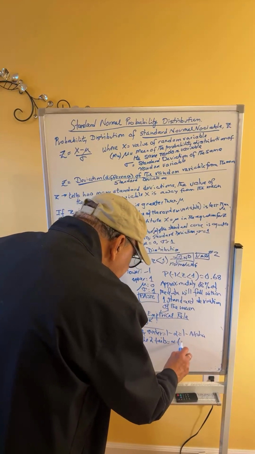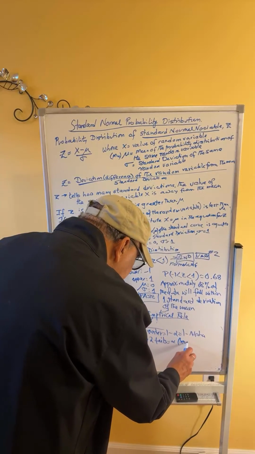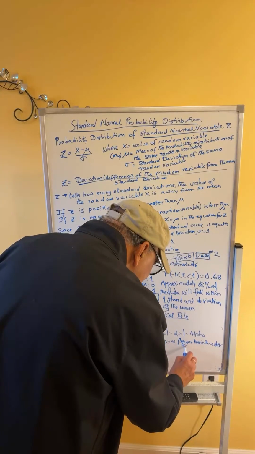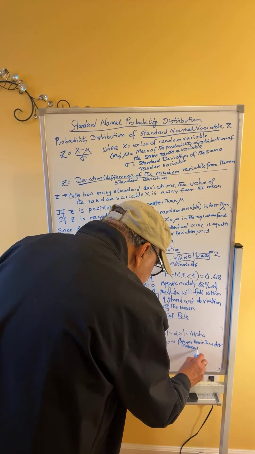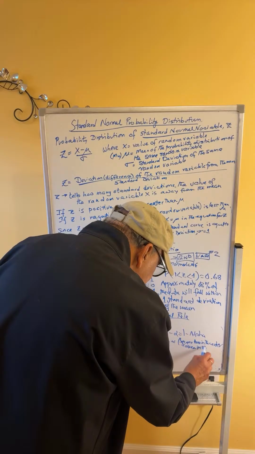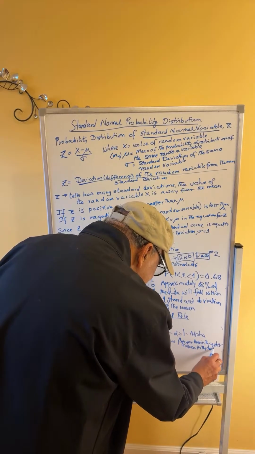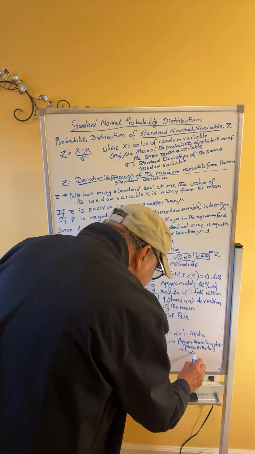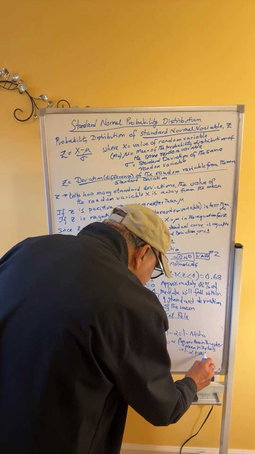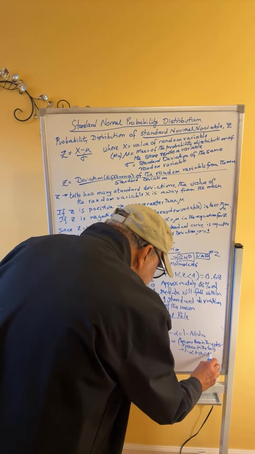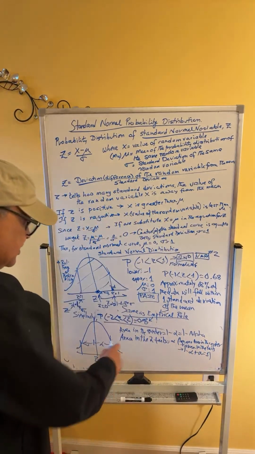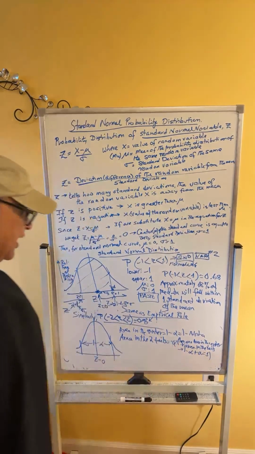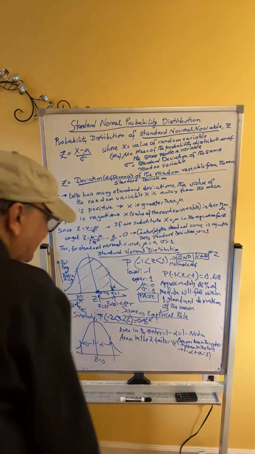Because if you add them together, area in the center is 1 minus alpha plus area in the two tails is alpha, is equal to 1, which is the total area under the curve. So area in the two tails is alpha. Area in the center is 1 minus alpha.